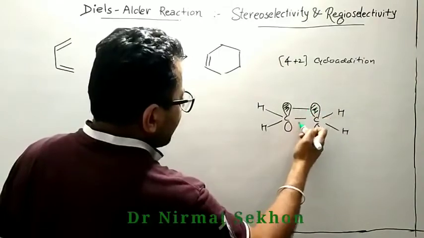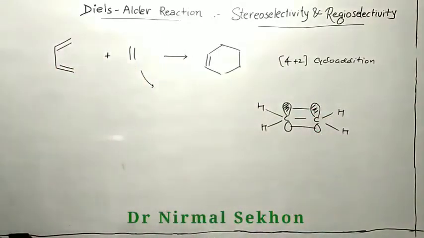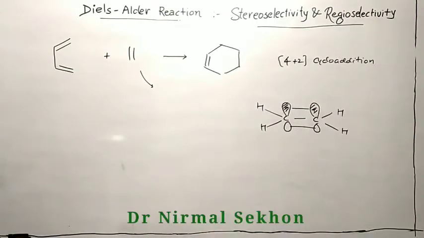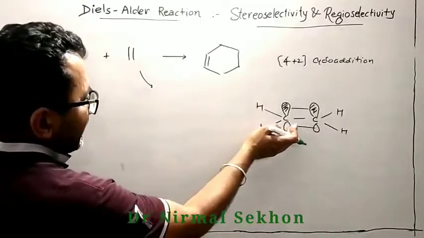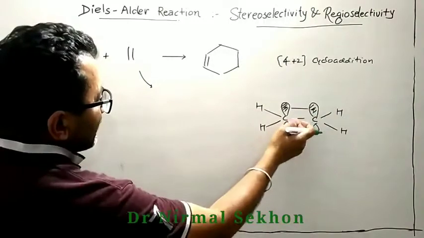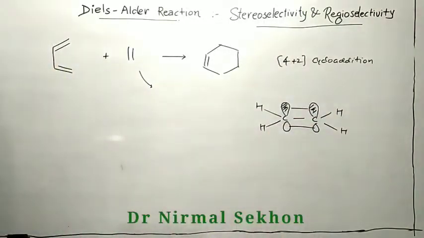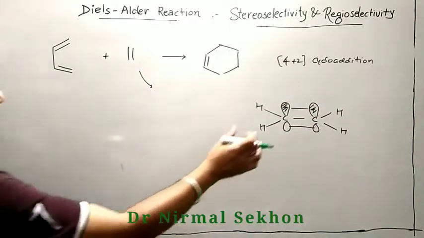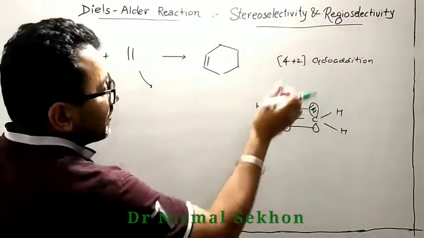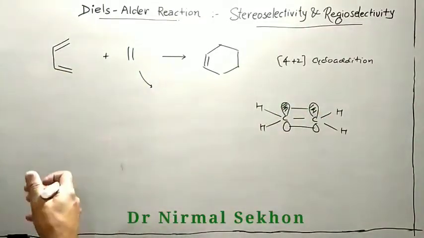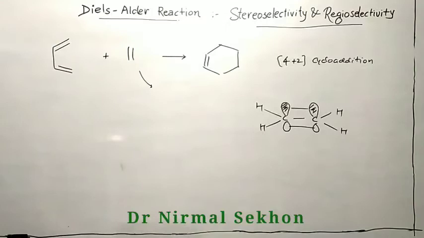When positive overlaps with positive and negative with negative, it is a bonding molecular orbital. Another way, negative overlaps with positive and positive with negative, forming another. So these are the two atomic orbitals. They combine and give rise to 2 molecular orbitals.